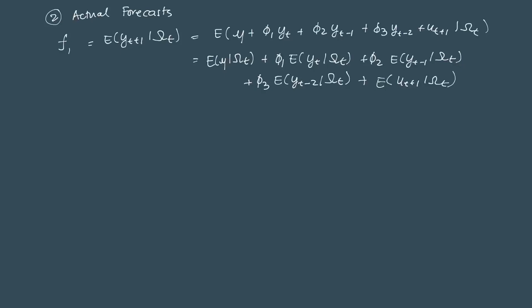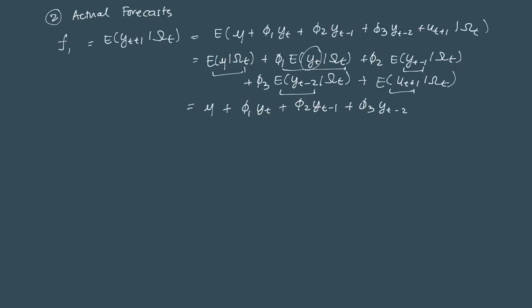We go term by term. This is the expected value of mu conditional on omega_t. That's just mu. Then here we have Y_t. We know the value of Y_t at time t, so that's phi1 Y_t. Of course, since we know Y_t, we definitely know its past value, so phi2 Y_{t-1}. And we also know its value 2 periods ago. That's phi3 Y_{t-2}.